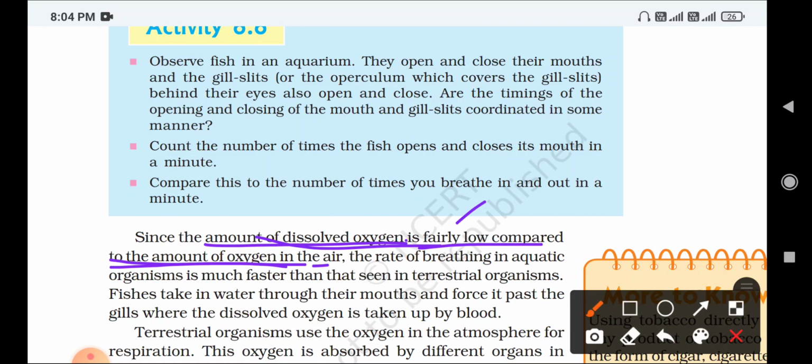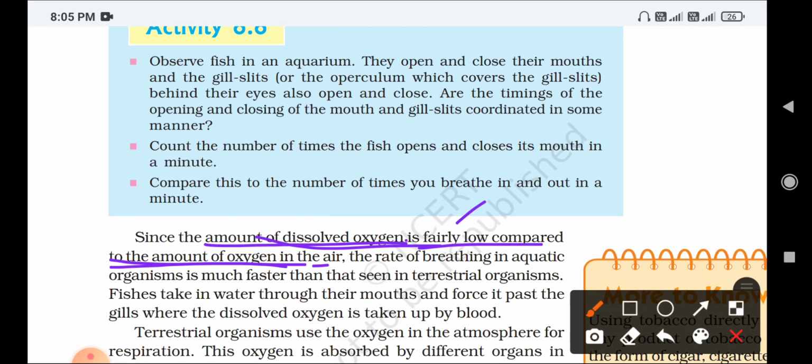That is why aquatic organisms have a faster breathing rate. You can write that the amount of oxygen dissolved in water is fairly low compared to the amount of oxygen in the atmosphere, so they have a faster breathing rate. Simply, the amount of oxygen is more on land and less in water, so they have a faster breathing rate.